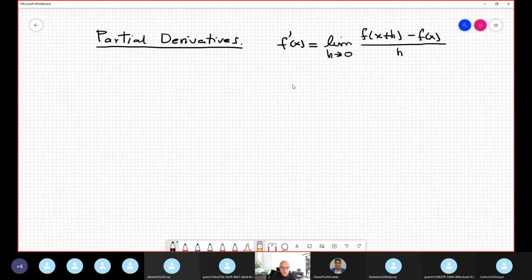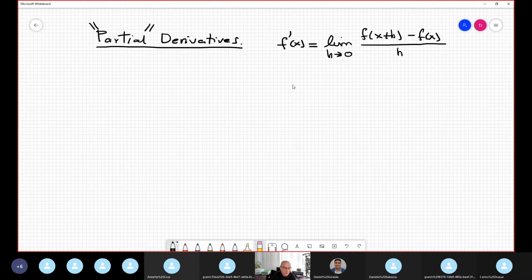But in multivariable, remember, we have several directions. So that is the reason that we use a partial derivative, which is, in other words, the derivative in two standard fundamental directions.